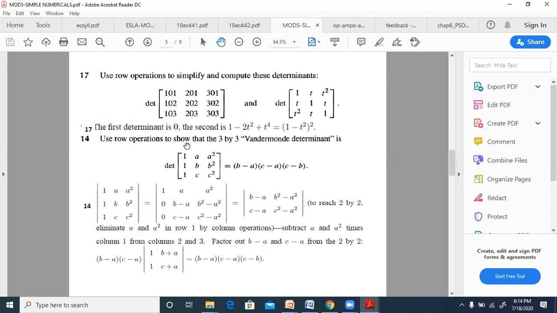Use row operations to show that a 3 by 3 Vandermonde determinant, which is given by this, turns out to be this. The solution is given here. What we are trying to do, again, is make the upper echelon matrix entries 0. Really speaking, we need not do this. You can as well find the upper echelon form and multiply the pivots.